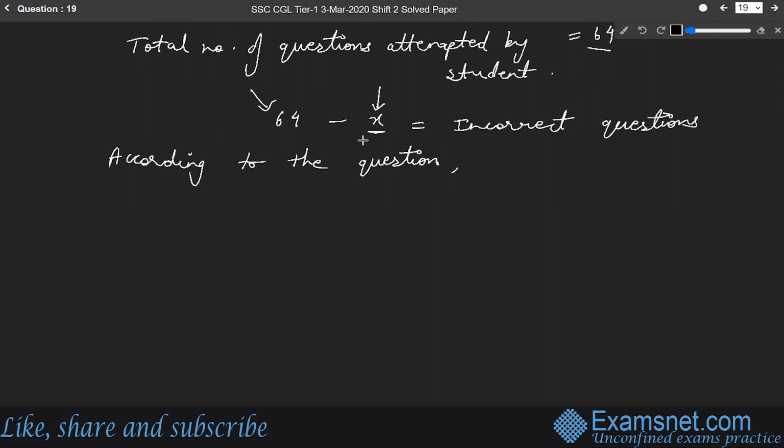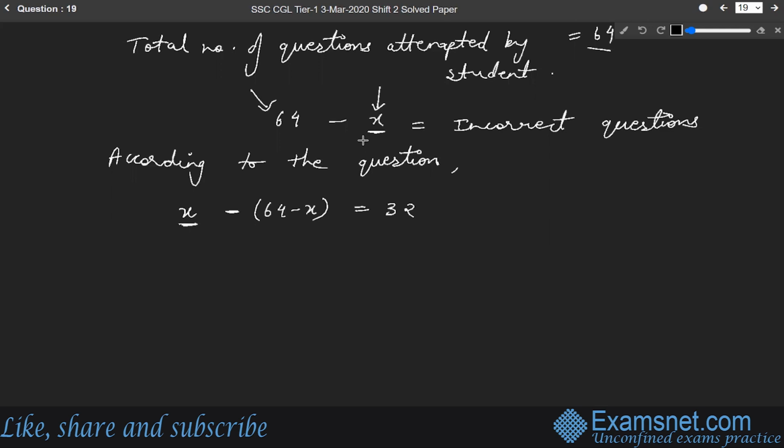So what is a correct question? We have assumed correct questions are X and incorrect questions are 64 minus X. So if from correct questions we subtract this, then we get the total score, that is 32.